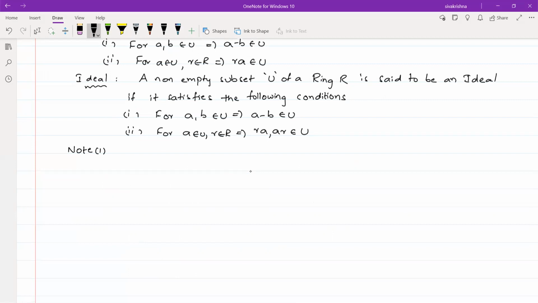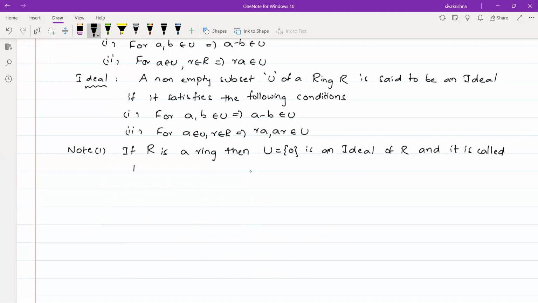If R is a ring, then U equal to the single term set 0 is an ideal of capital R, and it is called null ideal or zero ideal.